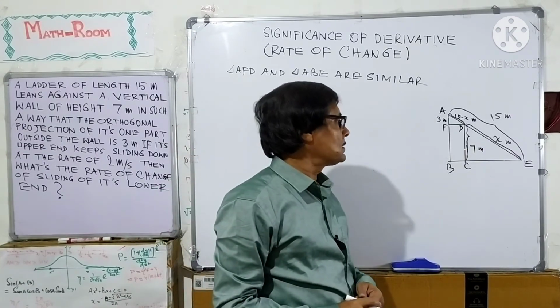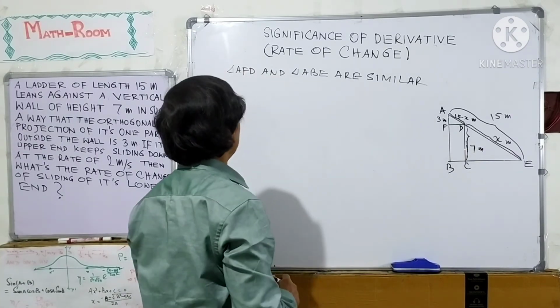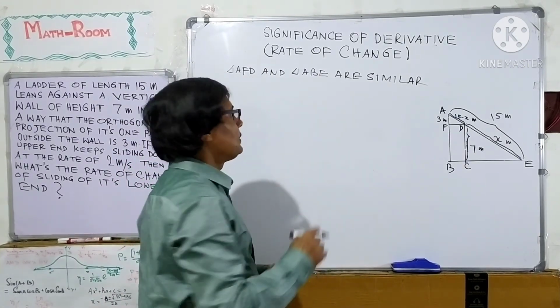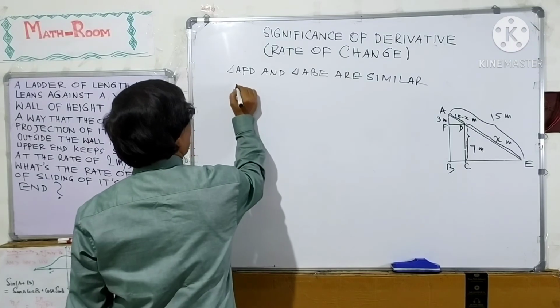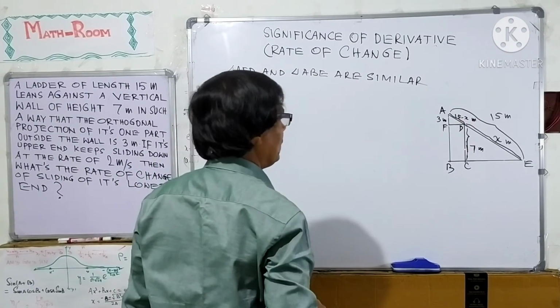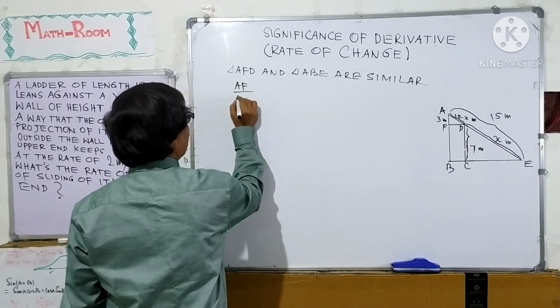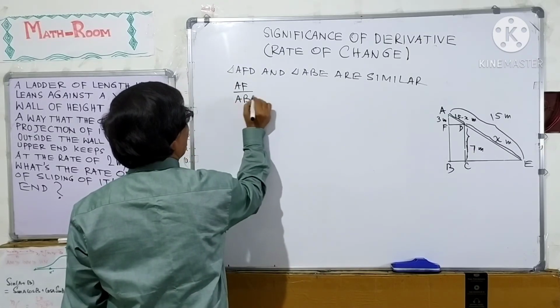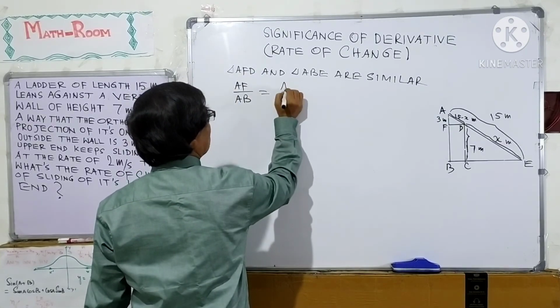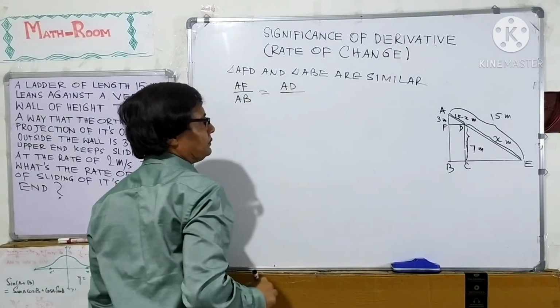Two similar triangles are formed in this figure, and from the properties of similar triangles we can write AF over AB equal to AD over AE.